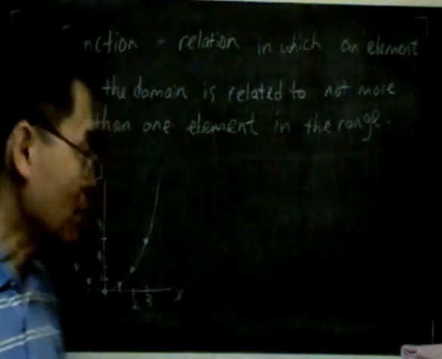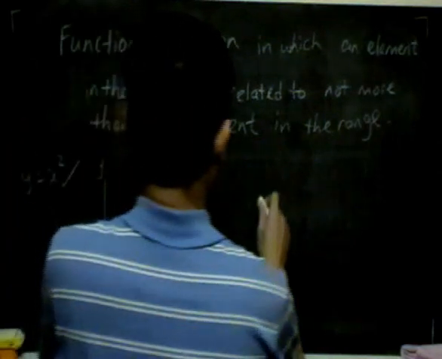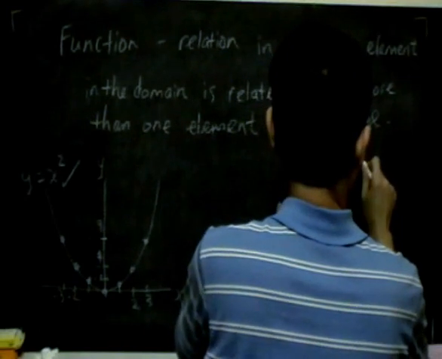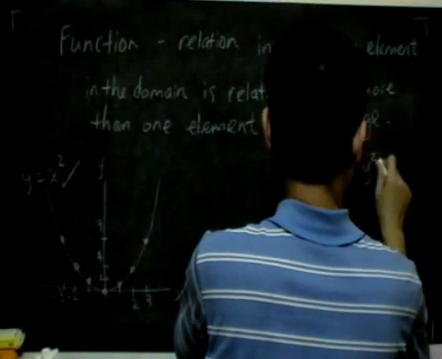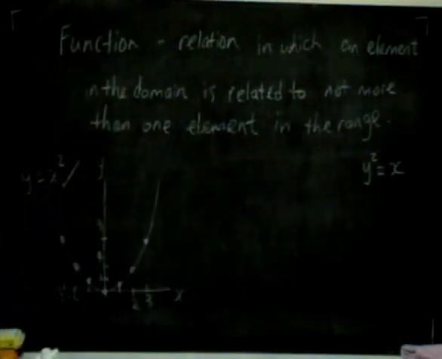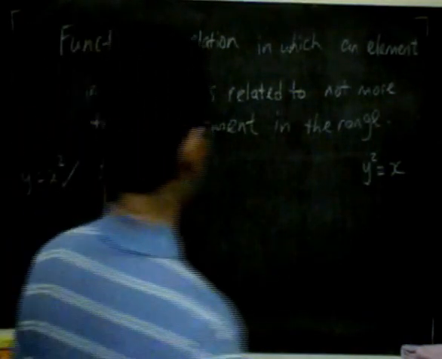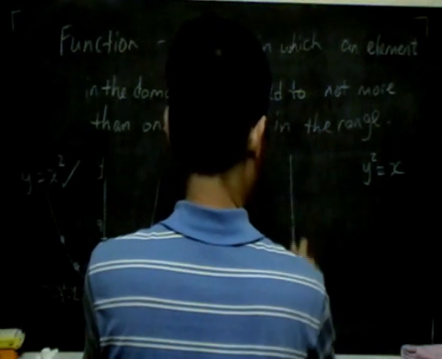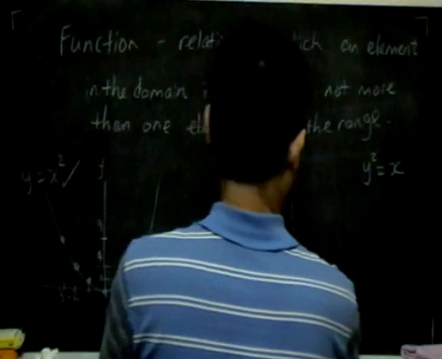We'll look at another example next. This example is y squared equals x. Now let's look at what the graph is like.